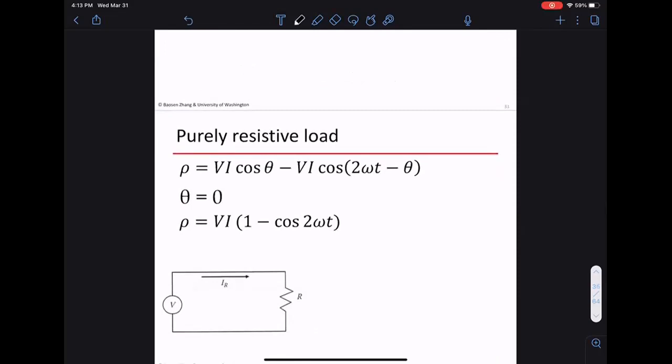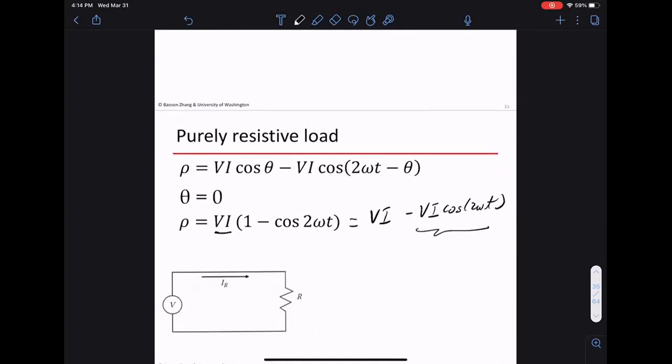So if you have a purely resistive load, you have V times I, and we have a 1 minus cos 2 omega t term. So you can write this as VI minus VI cos 2 omega t.